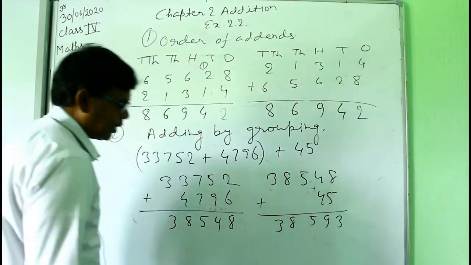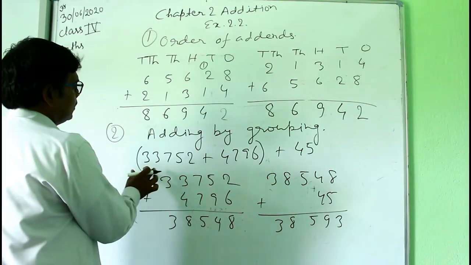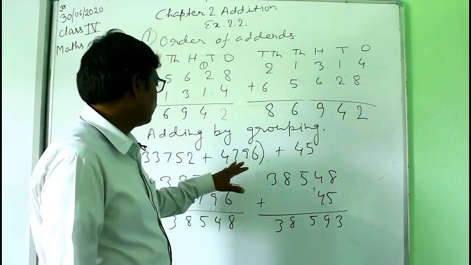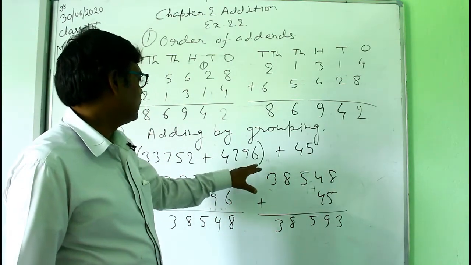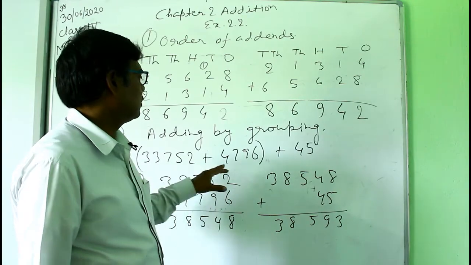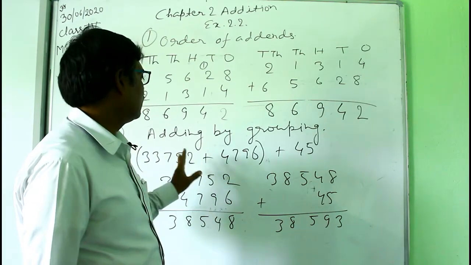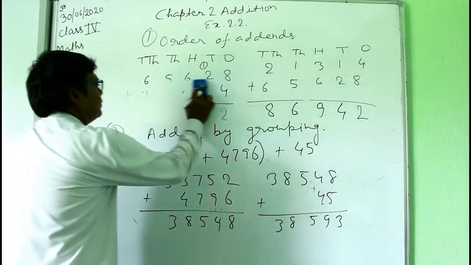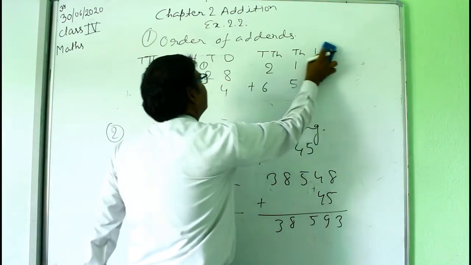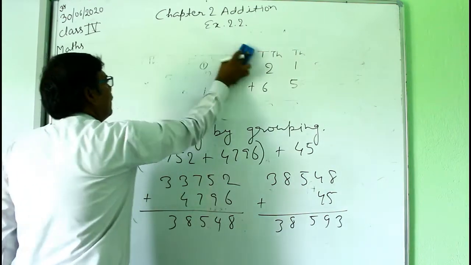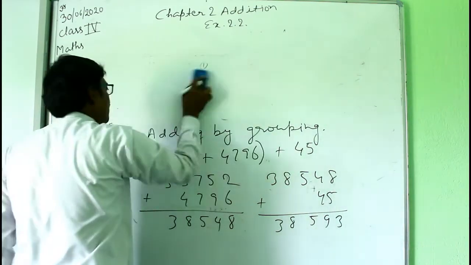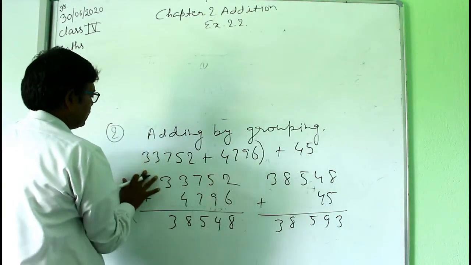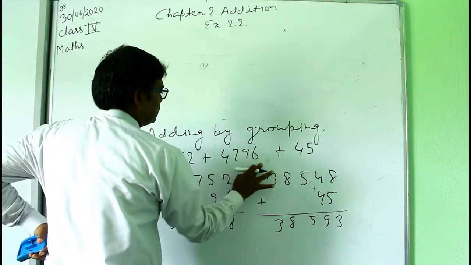Now next, observe the grouping here. First we have grouped these two numbers. Now group these two numbers, and then find the answer. Now see, remove this bracket here and put this bracket here.